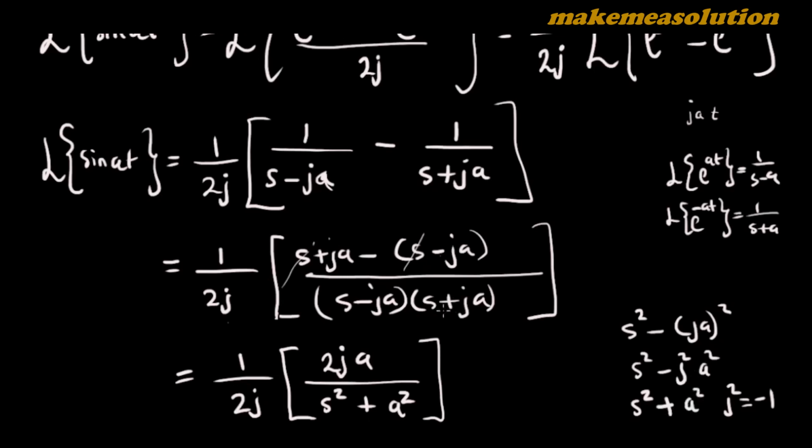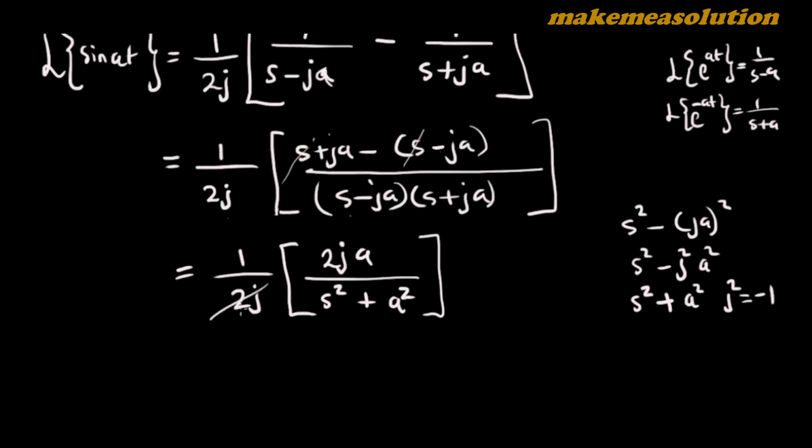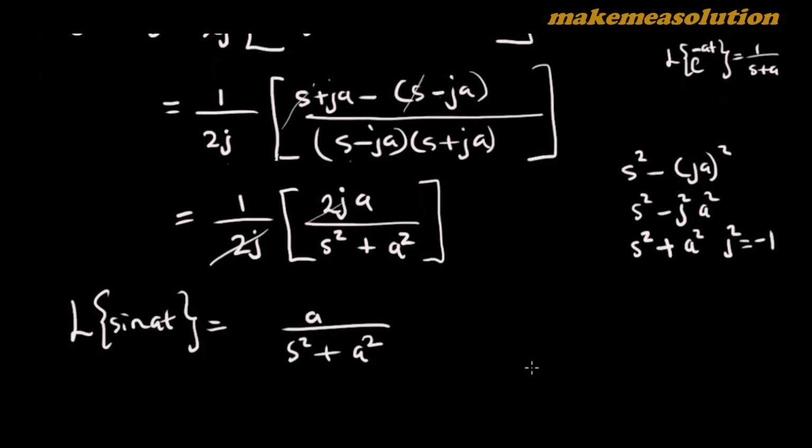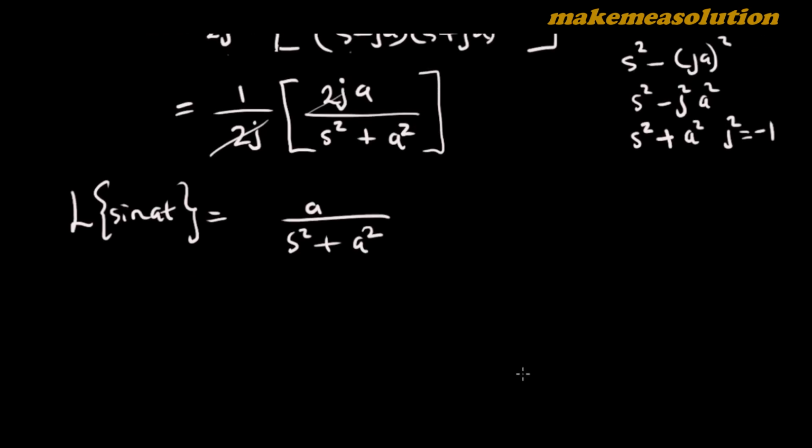So this is how this became this. If you want to do the expansion gradually by yourself, you still arrive at this point. So 2j cancels out 2j, and the Laplace transform of sine at becomes a over s square plus a square. Is that okay? So this is the Laplace transform of sine at.